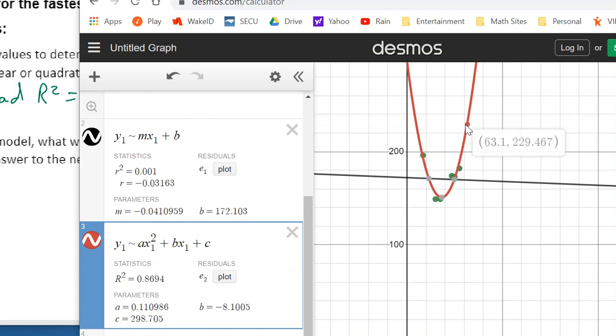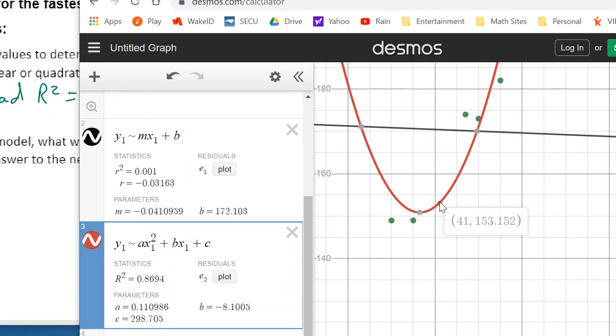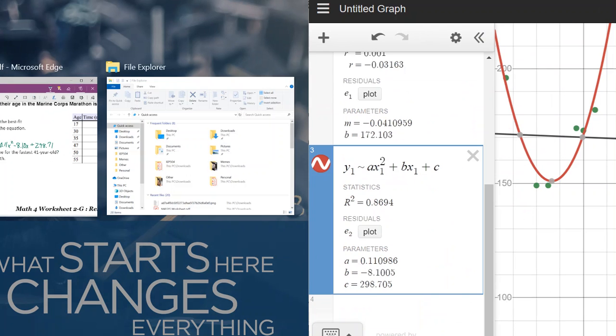So what happens when x is 41? I probably need to zoom in a bit more. Oh, grabbed it on the first try. 41, and that is 153.152. Should be easy enough to remember. 153.152.